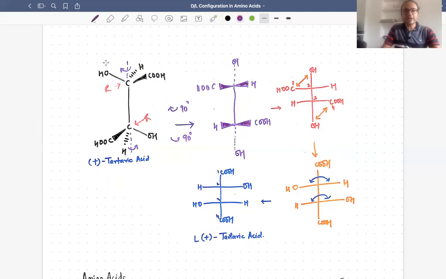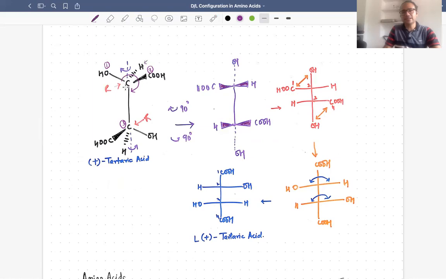I'll quickly write the priorities here. So first priority will come here, second priority here, then the third priority will go to this particular carbon. Okay, so when you move from 1 to 2 to 3, it is a clockwise direction, and your lowest priority group is on the back side.